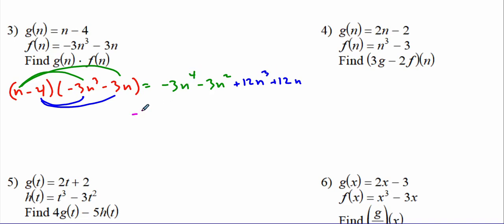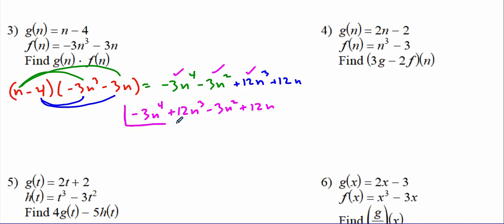So the answer is -3n to the fourth power. So that took care of this. Then followed by the cubic. So plus 12n to the third. That took care of this. Now the second power, then followed by that. So minus 3n squared, which took care of this, and then plus 12n, and you are done.